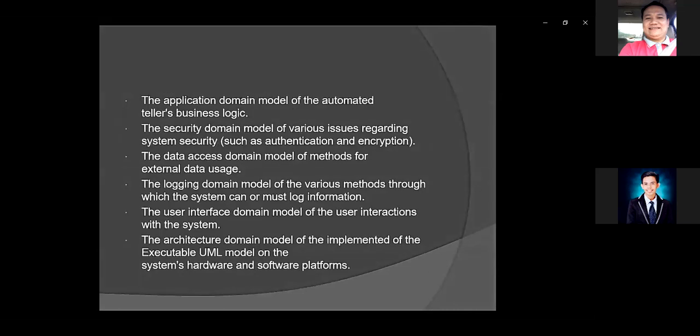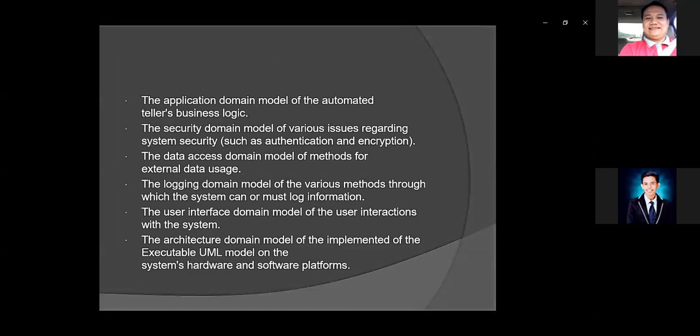The application domain models the automated teller's business logic. The security domain models various issues regarding system security, such as authentication and encryption. The data access domain models methods for external data usage.